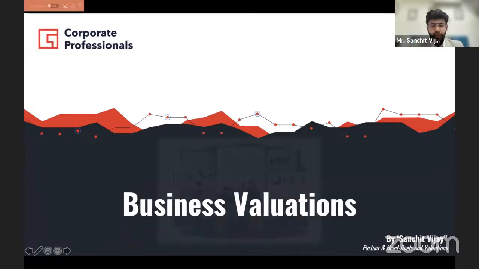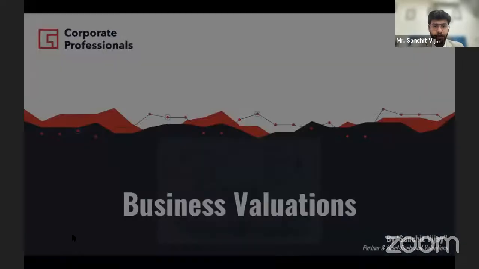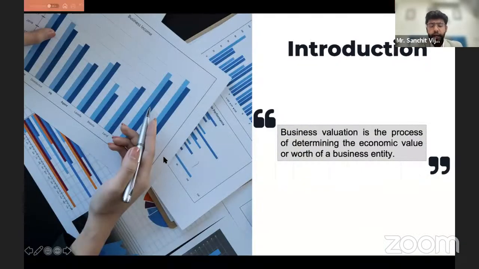So we would be capturing all the facets of business valuation: the purpose, what it is, how we do it, what the approaches and methodologies are, and the types of assets that we value. Let's start with the introduction.